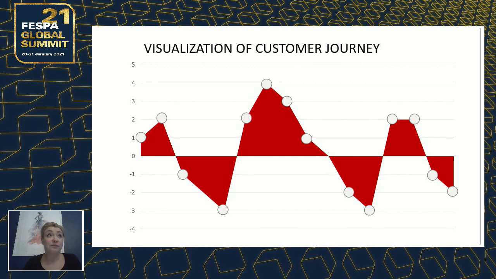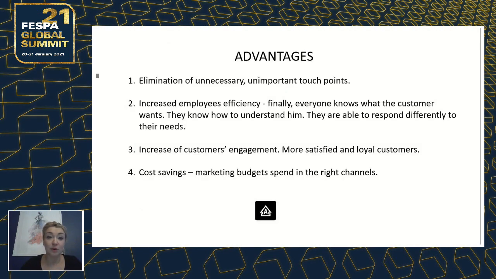You can also compare such a visualization to your main competitor, or to the industry as a whole, right? And define which touch points, which phases of customer journey should be the most important for your company to engage more customers and to make them more loyal.